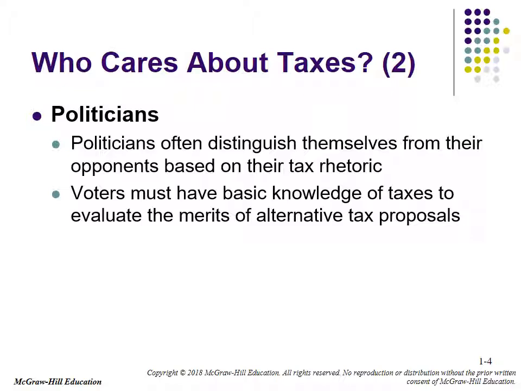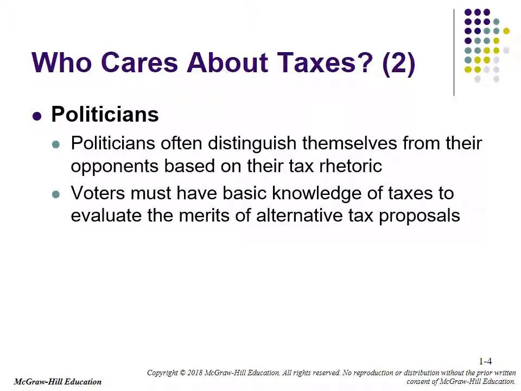Speaking of government, politicians. They often distinguish themselves from one another based on their tax rhetoric, what they say about taxes. And there's a great Taxes in the Real World, Republicans versus Democrats, on page 1-3, and their perspectives on taxes. What you may know from your own experience on politics is that Republicans are for less government, so that means less taxes, lower tax rates.